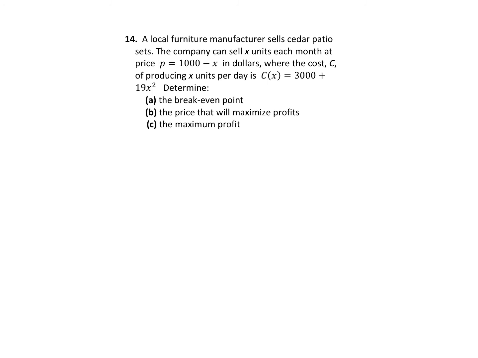Okay, in 14, we are given a price function, and we're given a cost function. So we want to find the break-even point. So remember, at the break-even point, cost equals revenue. And so what we need to do first is find that revenue function because we're not given that.